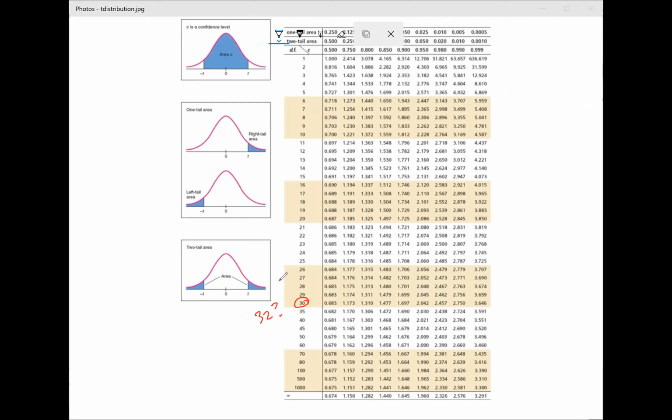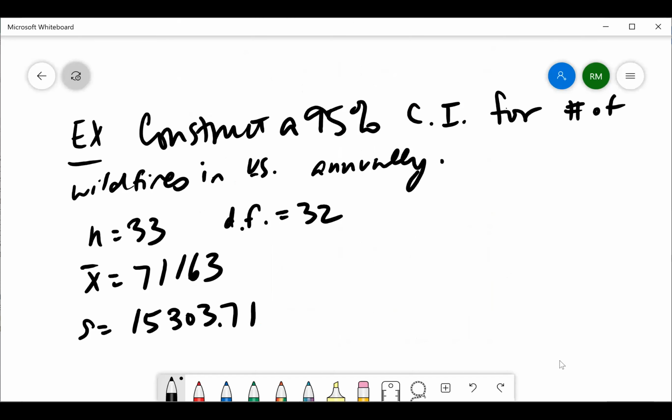And we're constructing a 95% confidence interval, so that should be right here. It means that our critical value for this problem is 2.042. That's our t of 0.95.